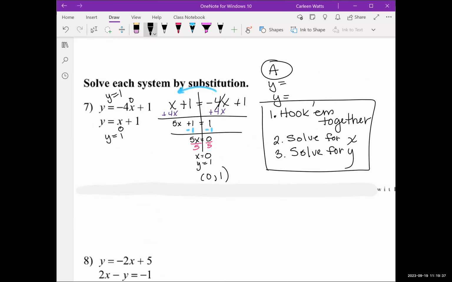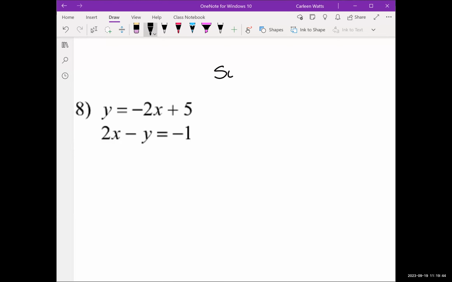So we're also going to do substitution. But this time I only have one that's solved for y, one slope intercept, and one standard form. So this is substitution, but it's going to look different because I don't have y equals y equals.